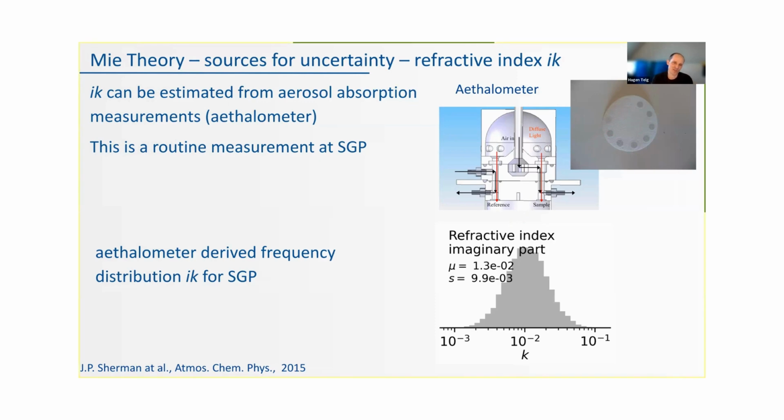If you then also consider the size distribution and the scattering coefficient that are measured, then you can estimate the imaginary part of the refractive index, which we again did for an extended time, and which resulted in this probability distribution you can see down here. Note that this is a log normal distribution, which we found, and it is centered about 0.013.